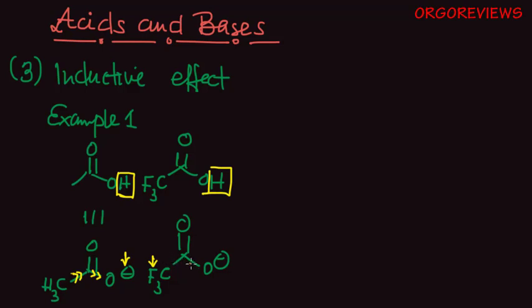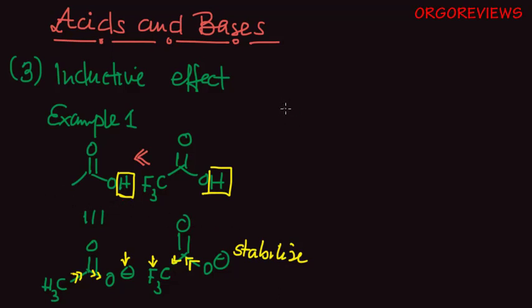And so it tends to pull these electrons towards itself. And that pulling of electrons towards itself makes this negative charge stabilized, because then the negative charge is able to move a little bit around the molecule. So meaning that the more stable the conjugate base, the more acidic this trifluoroacetic acid is going to be. So we can therefore say that trifluoroacetic acid is more acidic than acetic acid.